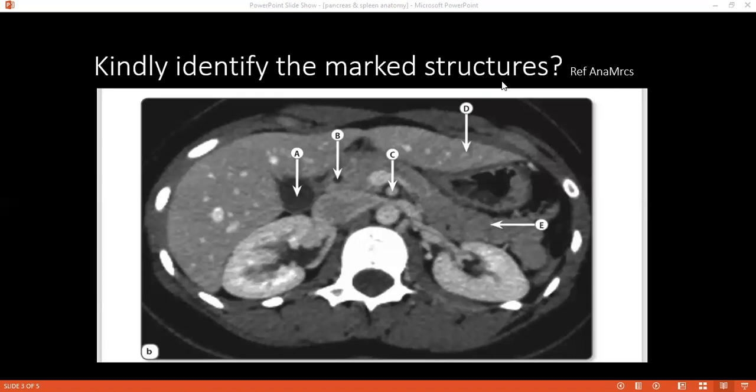What organs are supplied by this vessel? It mainly supplies the pancreas, the fundus of the stomach, and the spleen. Can you identify this organ over here?